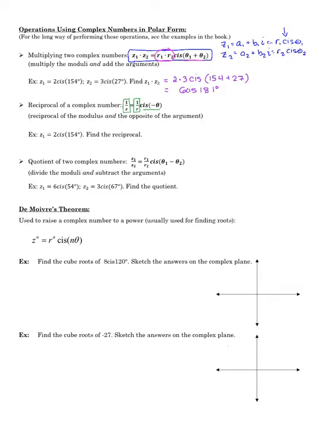So here, if I want to find the reciprocal of 2 cis 154, 1 over z1 would equal the reciprocal of the radius, cis negative 154 degrees. A lot of times we will ask you to write the angle as a positive angle.